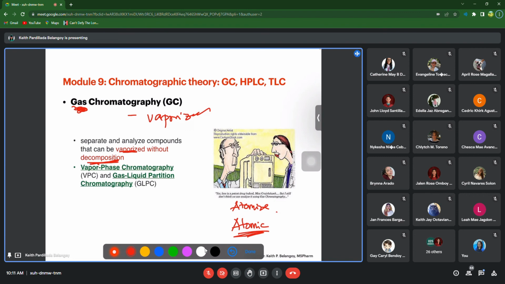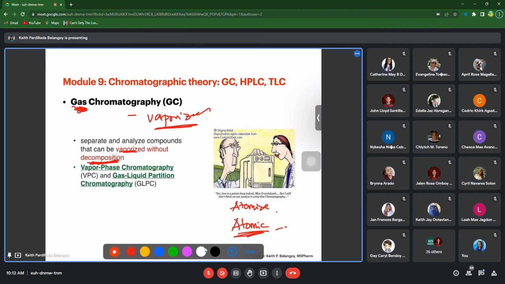Diba? Nag-use ka og dako kaayong temperature. However, dapat imong i-make sure nga dili jud nimo maguba ang components sa imuang sample. Okay? So, just like your atomic spectroscopy, one thing about gas chromatography is your sample should be vaporized.